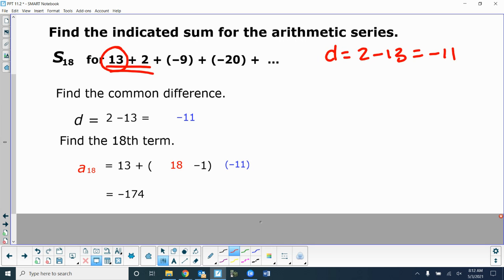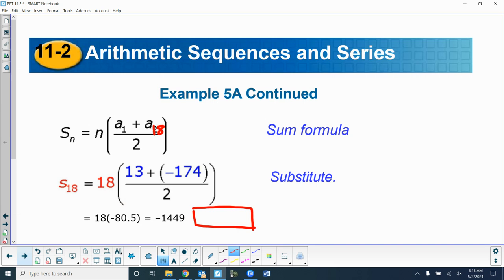All right? So we use our formula then. We're going to use this number and the 13. We're going to add those, divide by 2, and then multiply by 18. Because that's what the formula says to do. So n is 18. First term was 13. 18th term was negative 174. And then divide by 2. We do this part first, which is negative 80 and a half.